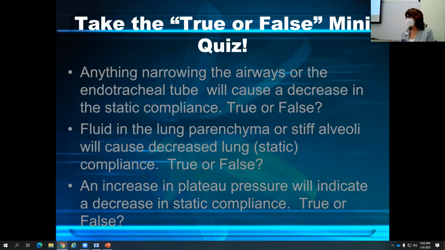Rachel says true. Yeah, so high pressure, low compliance. An increase in the plateau pressure is going to give you a lower static compliance. So it's true. That's okay, as long as it makes sense.